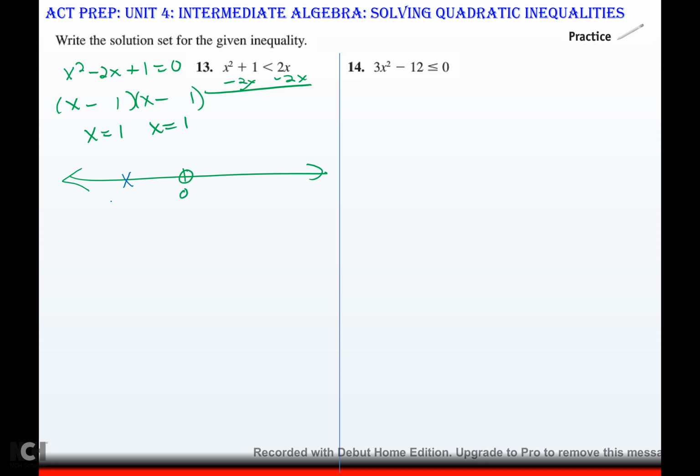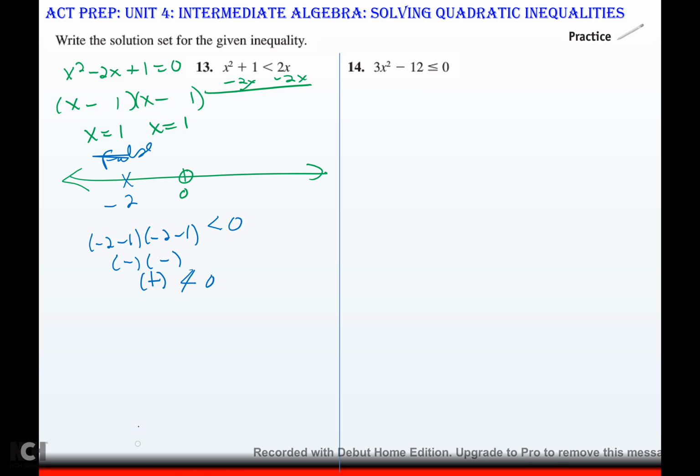So if I test something over here like negative 2, that'd be negative 2 minus 1, negative 2 minus 1, and I want to know, is that less than 0? Well, this is going to be a negative, and this is going to be a negative, which makes a positive, which means it's never less than 0. So this section is false.